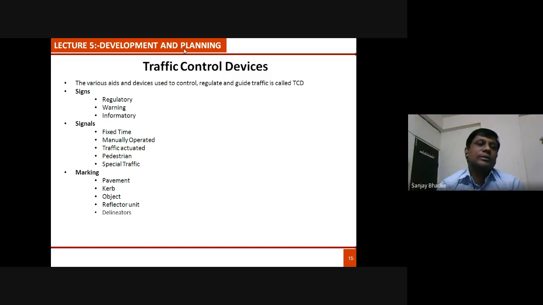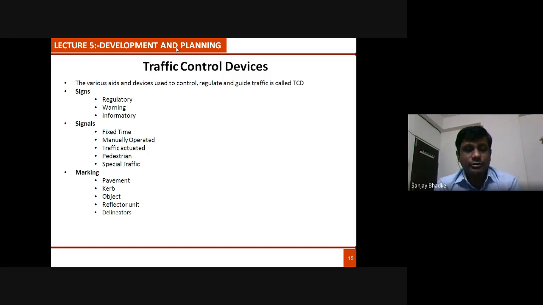The main aim of TCD is that every person using the road should follow these rules and regulations, so that we can reduce accidents and get the maximum outcome of the constructed road.